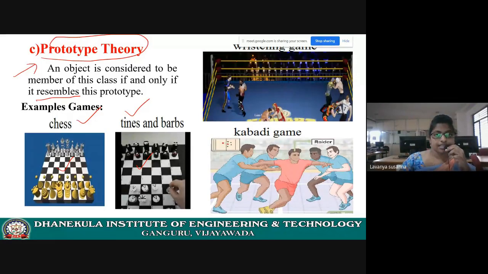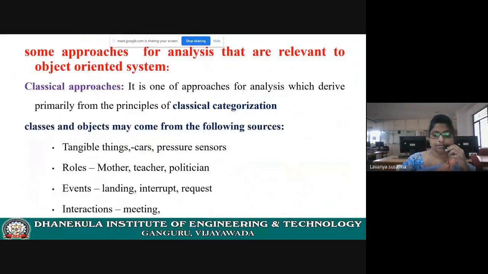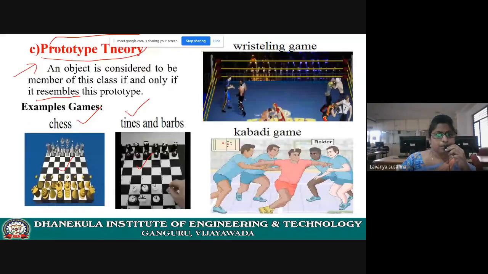Okay, let us take another one. You need to explain with simple examples also. See, wrestling and kabaddi. Both are different, right? They have different rules, but there is some resemblance. Both are fighting, right? According to this resemblance, you are grouping into a family of resemblance.